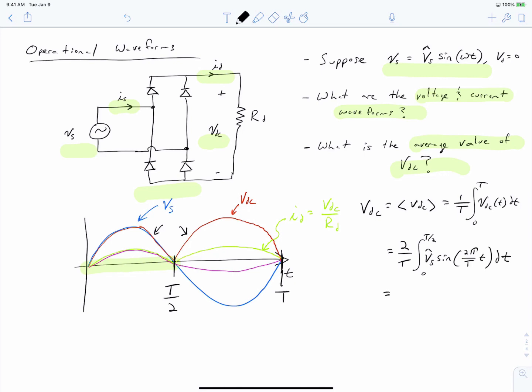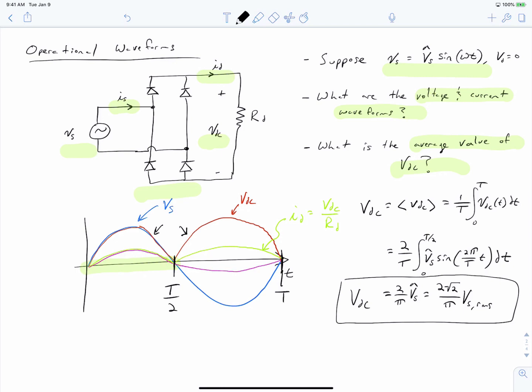If we evaluate this integral, it comes out as 2 over pi Vs hat, which in fact is equal to 2 times the square root of 2 over pi times the RMS value of our input waveform. We're going to talk about RMS quantities later, but I'm sure you are all familiar with calculating the RMS value of a sinusoid as the peak value divided by the square root of 2. In our next lecture, we're going to consider that in more detail.